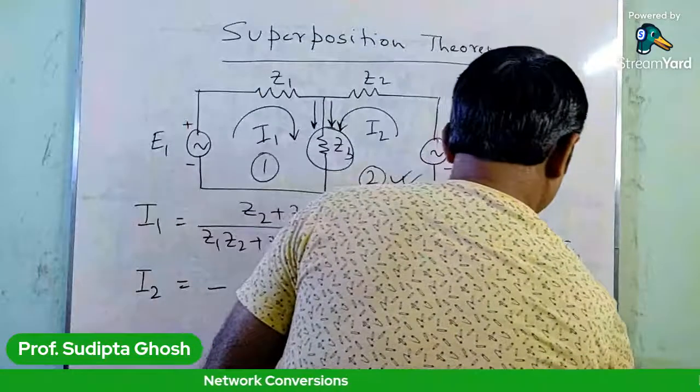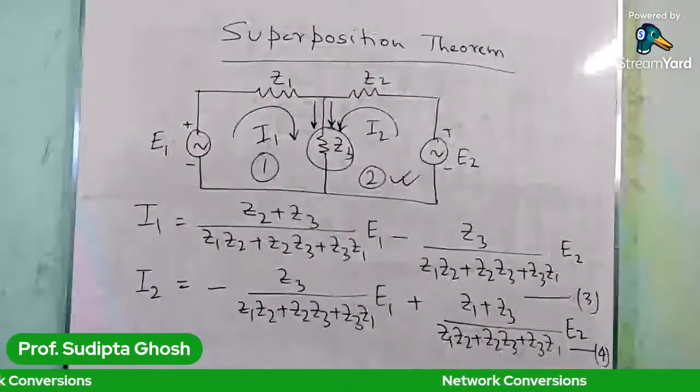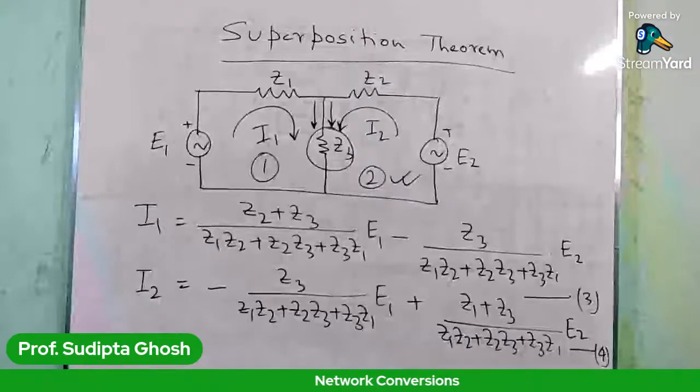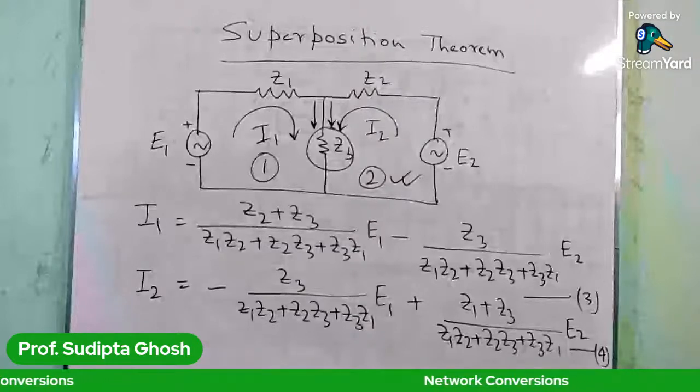So these are the two values of I1 and I2, and you can readily generate these values by simplifying equations 1 and 2.